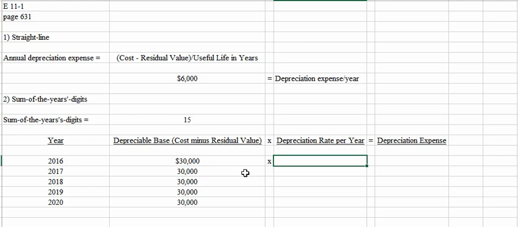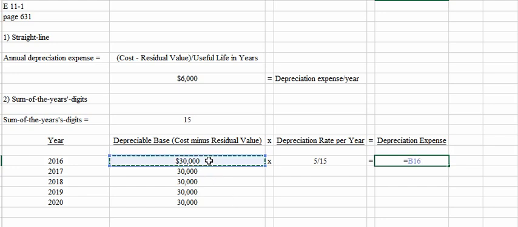Well, in this case, the rate is going to be how many years in the useful life? We have 5 in total, divided by 15, sum of the year's digits. So it's going to be equal to 30,000 times 5 divided by 15, or $10,000.